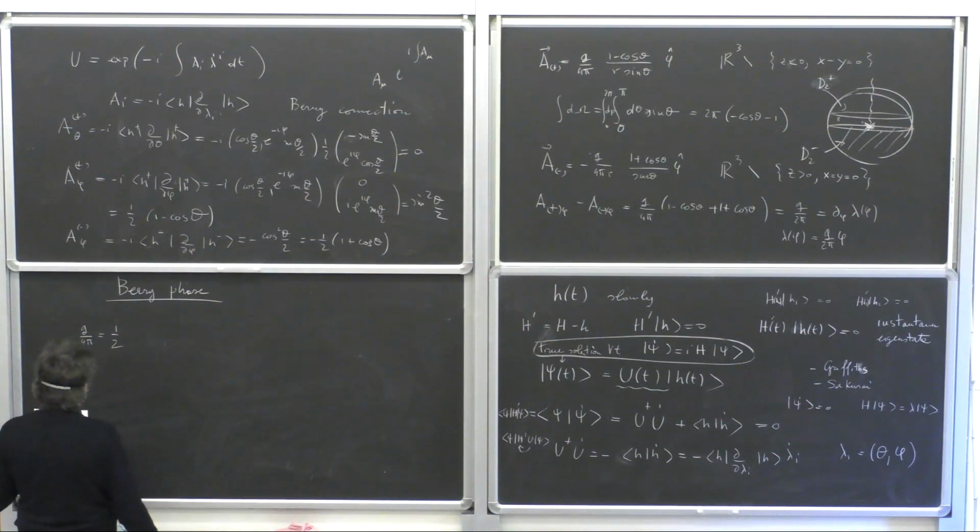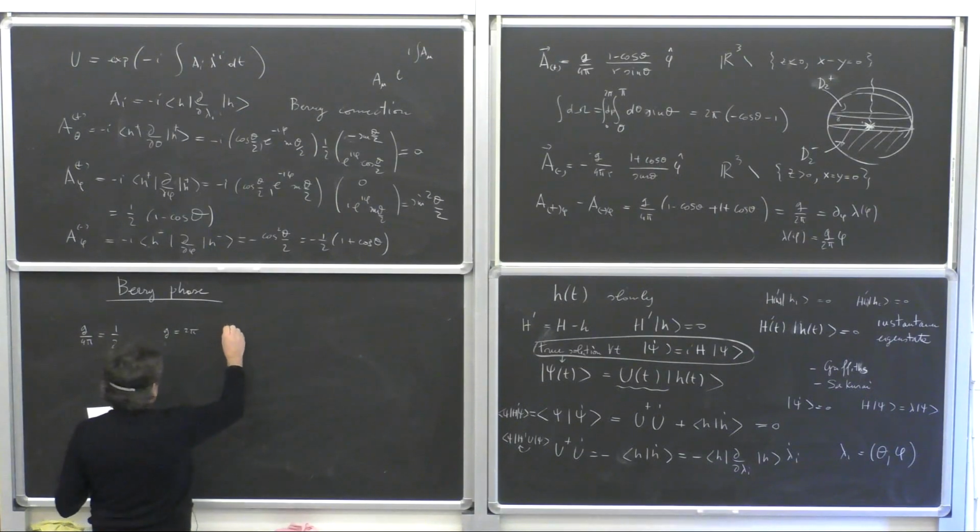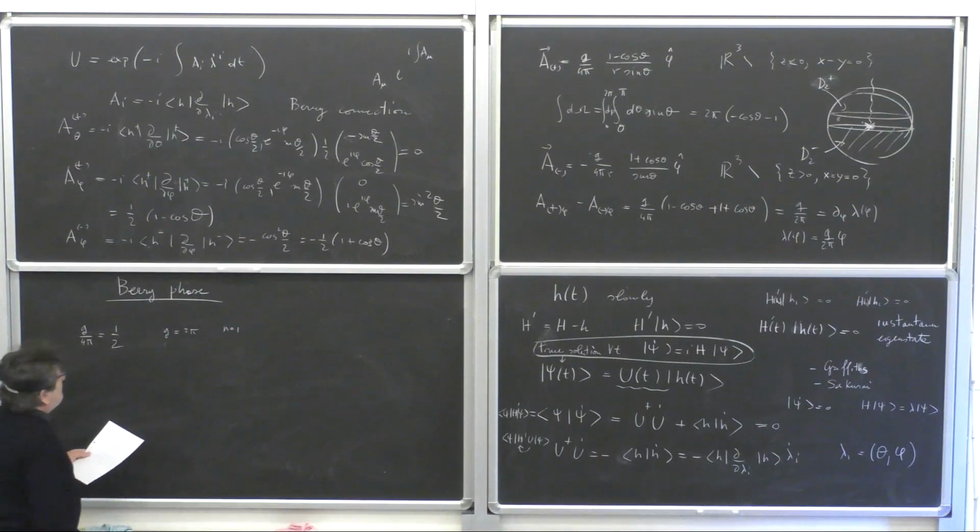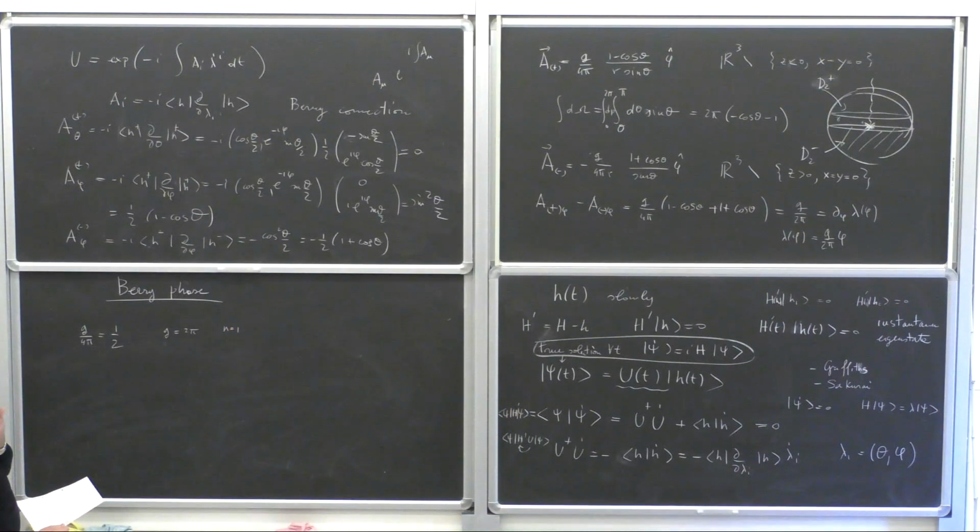Okay, so let's put electric charge equal to 1. So that will be g equal to the minimal value of g, which is n equal to 1. So in this system, I have a gauge field which corresponds to magnetic charge equal to 1. Okay, electric charge is not important here.